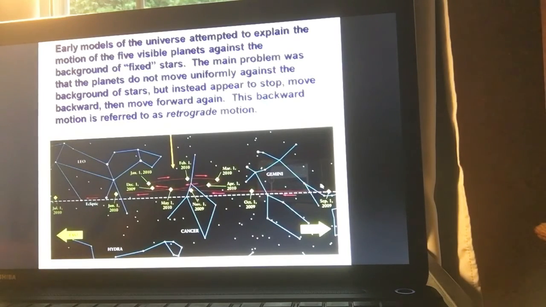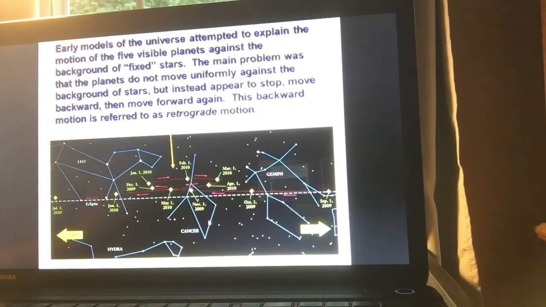So in other words, the planet initially was moving towards the east direction, and then changes direction, moves towards the west direction, and then after some period of time, it changes back to the eastward motion in the sky. So the backward motion is referred to as retrograde motion, and the forward motion is referred to as prograde motion.